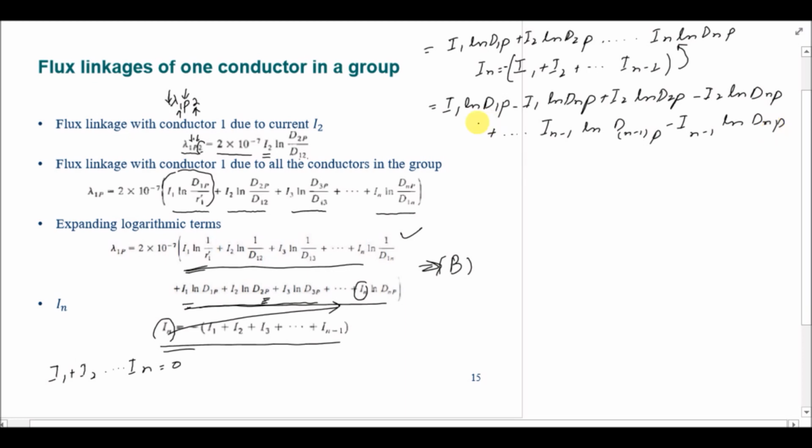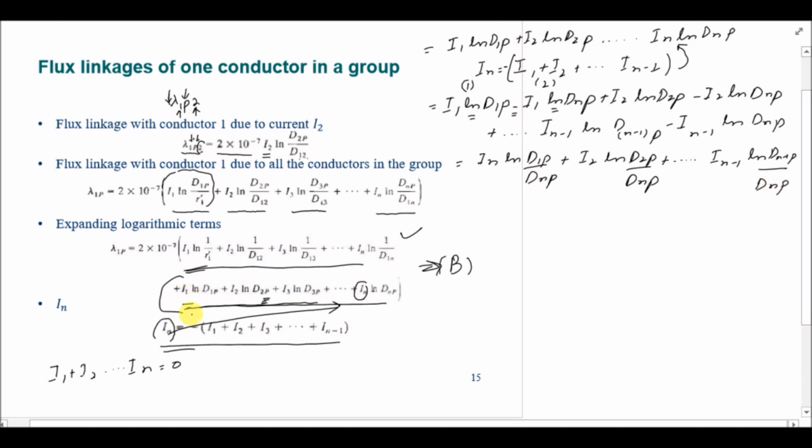Now we have two logarithmic terms with a negative sign between them, so we can write these two parts of the equation in the form of a fraction. The equation will become I1 ln d1p over dnp plus I2 ln d2p over dnp, and the last term of the equation will be In minus 1 ln dn minus 1 p over dnp.